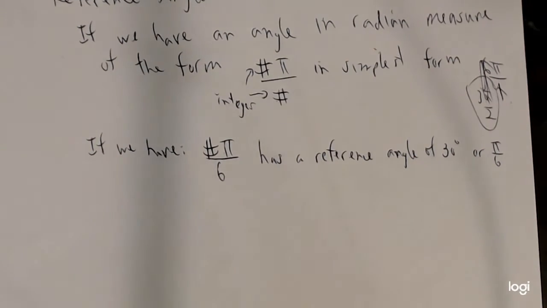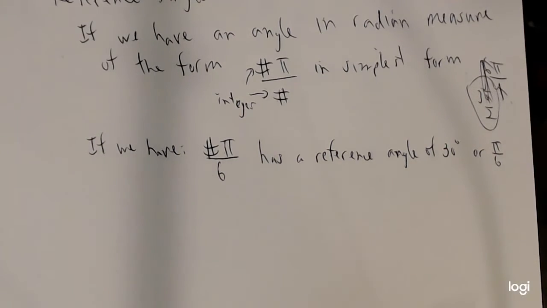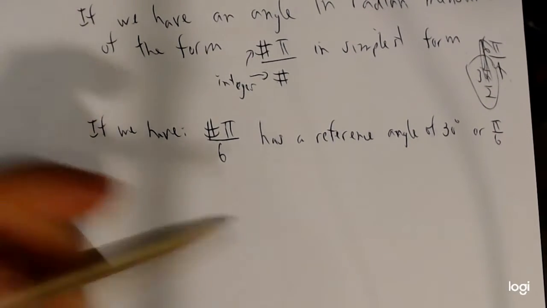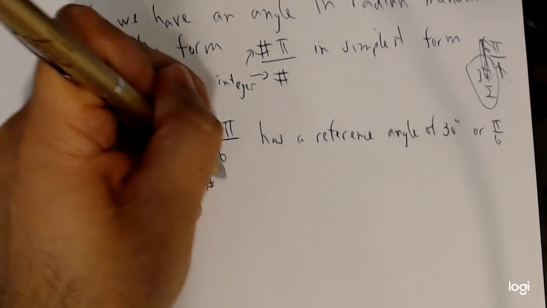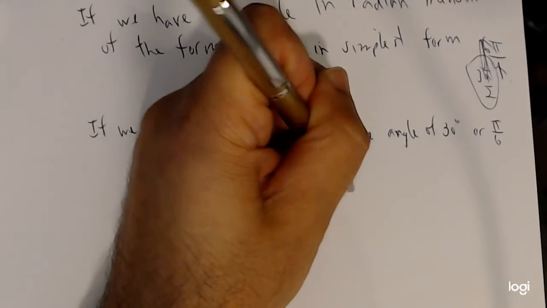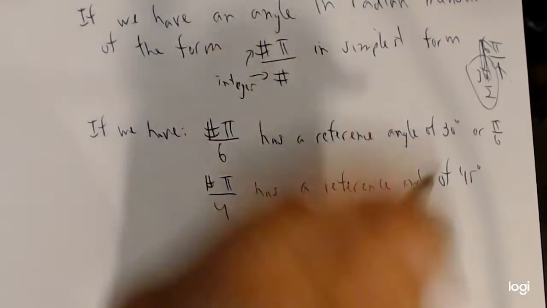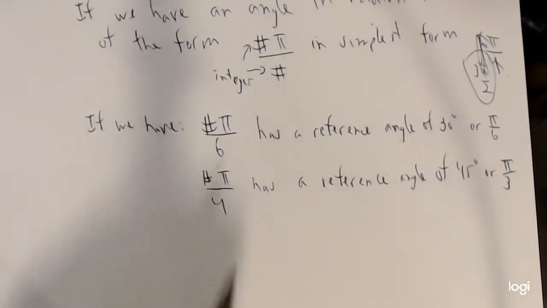Anything pi over 6 has a reference angle of 30 degrees, which is nice, right? So very quickly, you could see just by looking at it what it is. So if I have a number pi over 4, this has a reference angle of 45 degrees, or we call it pi over 4.